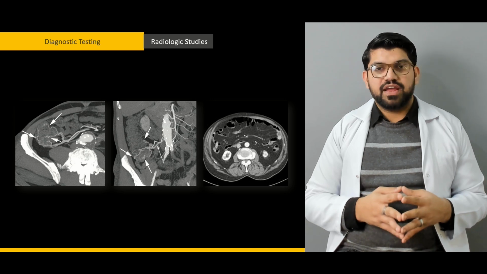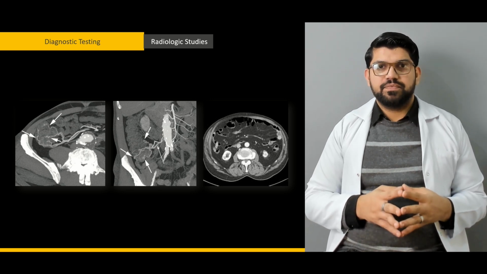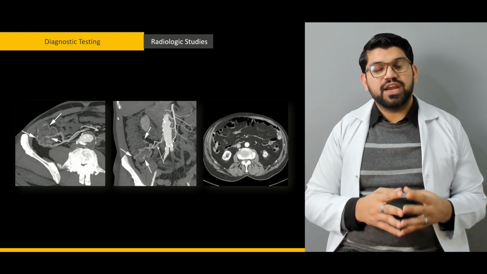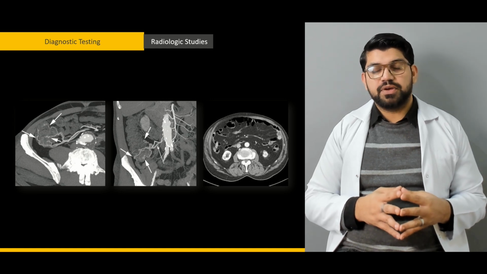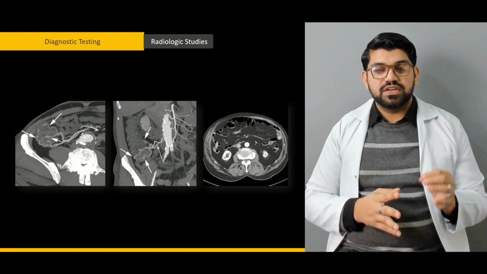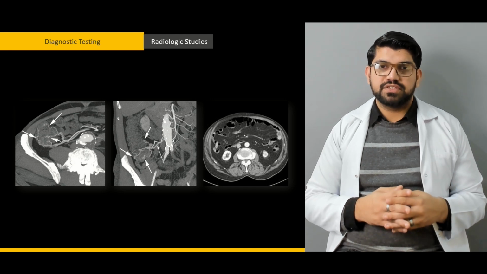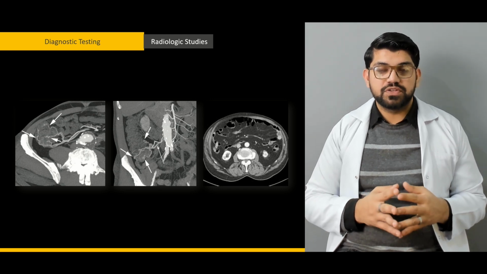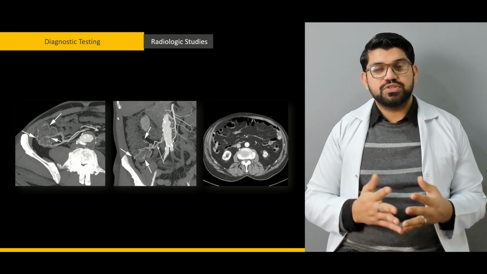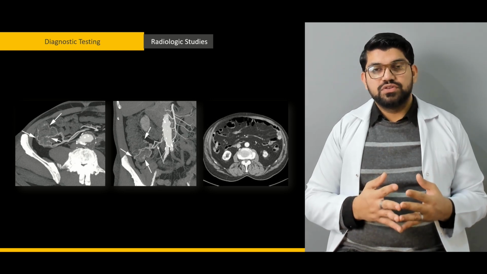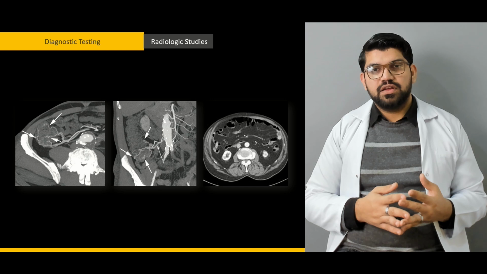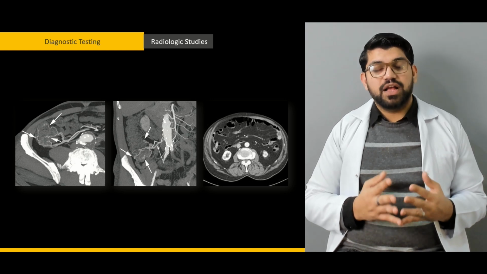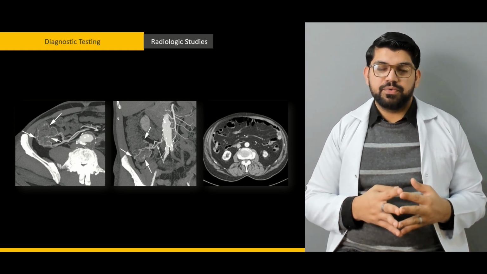It's a very, very important and very reliable thing. You can identify the bleeding point in 75 to 95% of patients. You can identify and stop the bleeding point. Same goes for colonoscopy. But at times when it's difficult to find a bleeding point, these radiological studies could help you find a bleeding point.